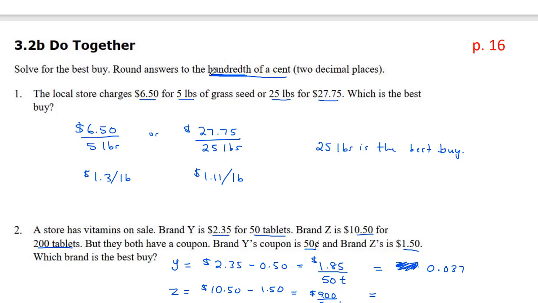You just need to be consistent. If you take it out, you have to take it out of both of the money. And then if we take the $9 divided by 200, we get 0.045. So we can see that the 0.037, brand Y, is the best buy. That's our lowest decimal number. So brand Y is the best buy.